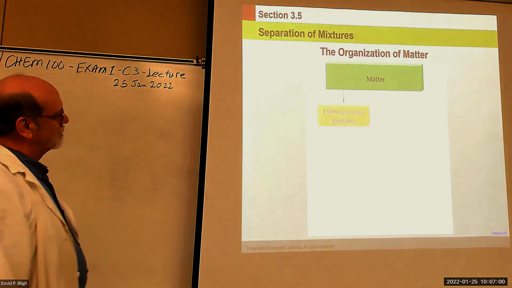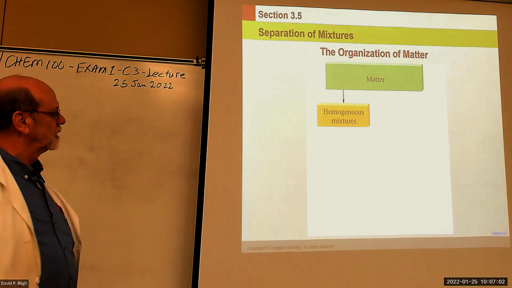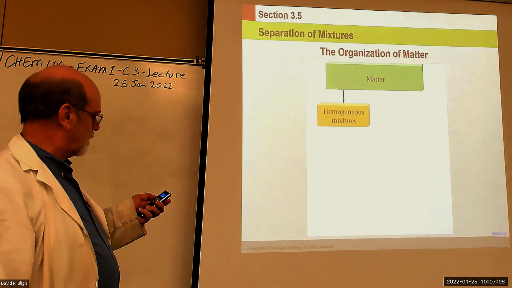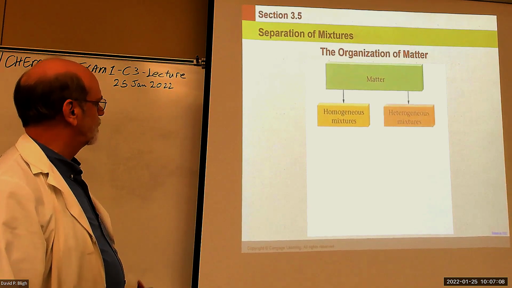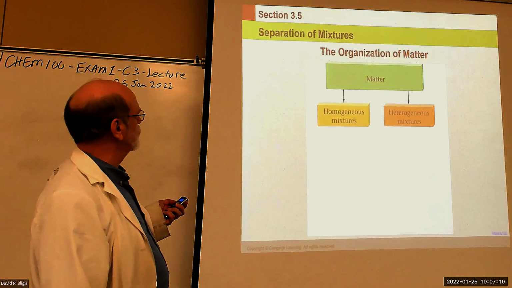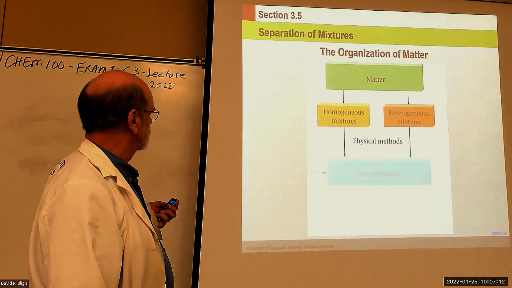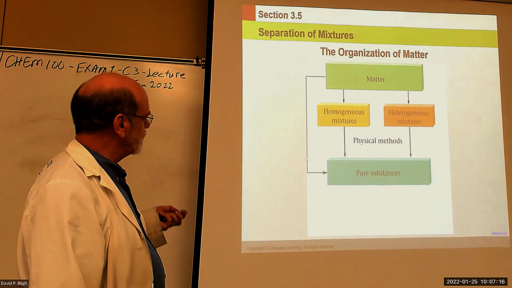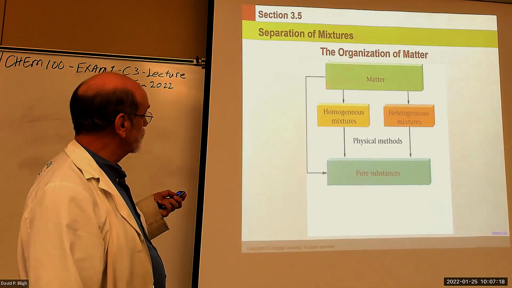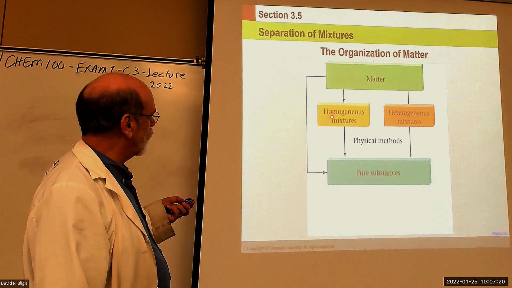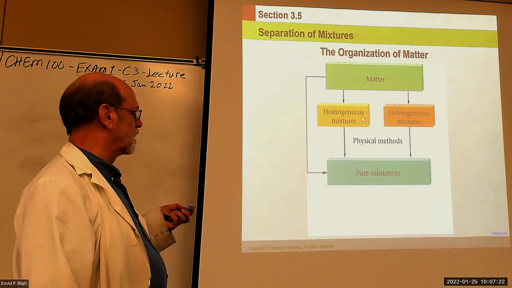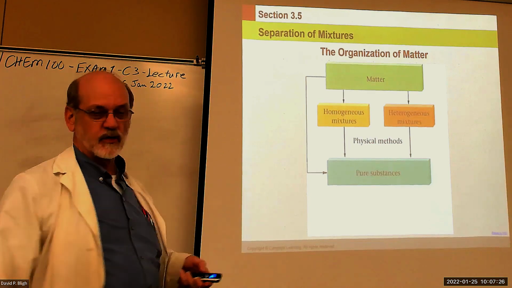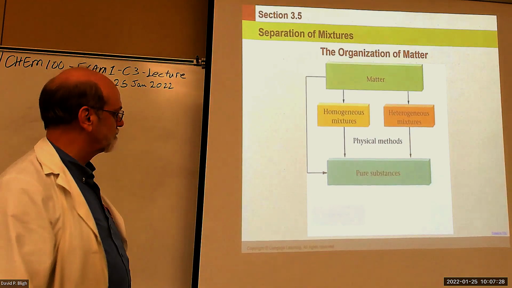So, if you like flow charts, this is general matter, and you can have mixtures of matter. Actually, where's pure substance? There it is. Matter could be a pure substance, or it could be either a homogeneous or heterogeneous mixture. And you can separate these mixtures by physical means and give you pure substances.